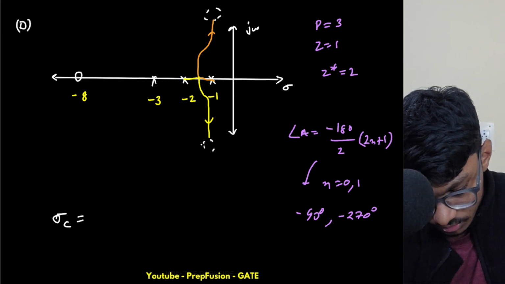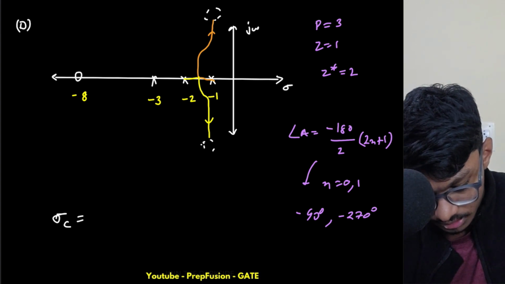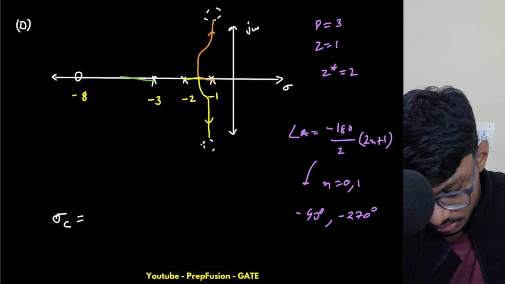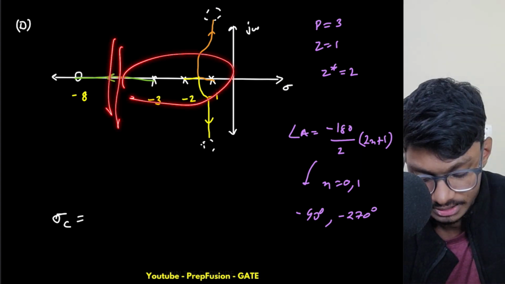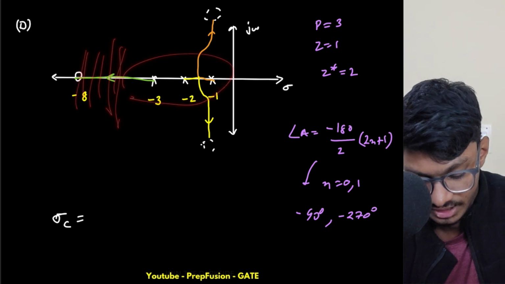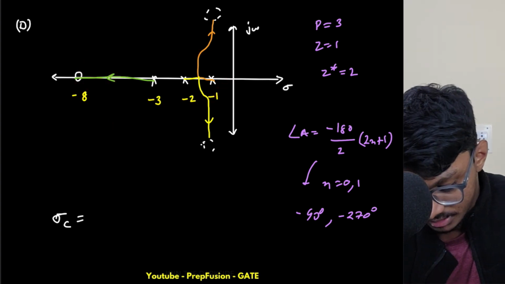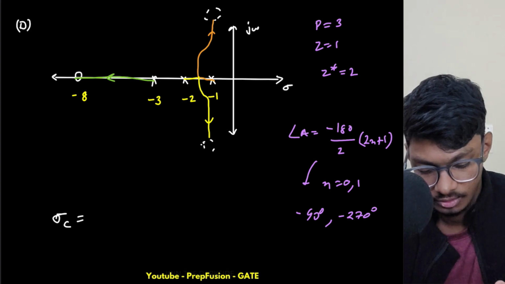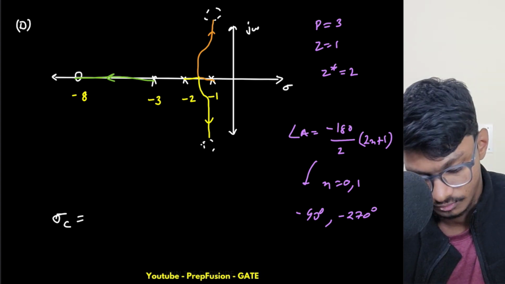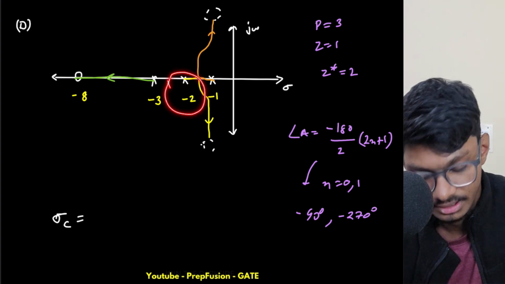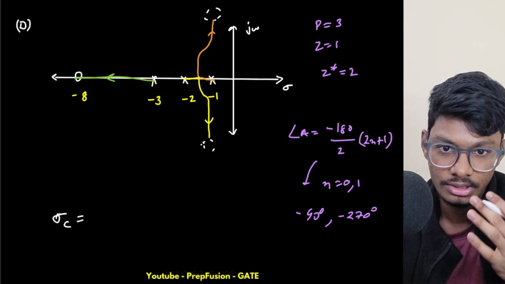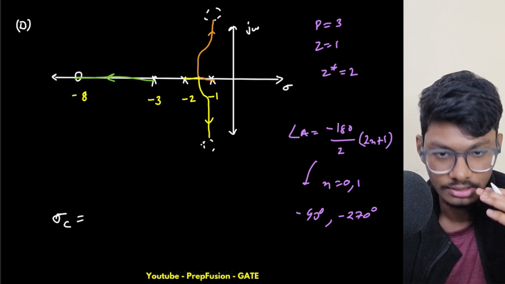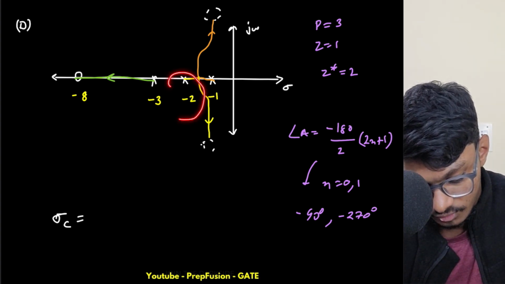So this is also another branch, the third branch. So this is a valid point, because I have 3 roots on the right hand side. So all these are valid points. Anyways, I don't need to do all this. With the help of only this, I can understand that settling time can't be less than 2 seconds.